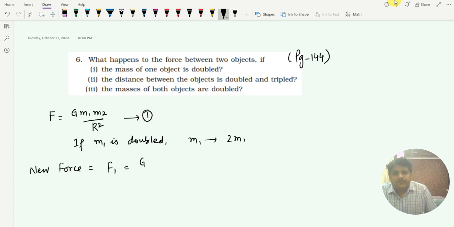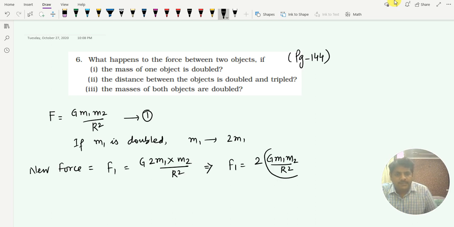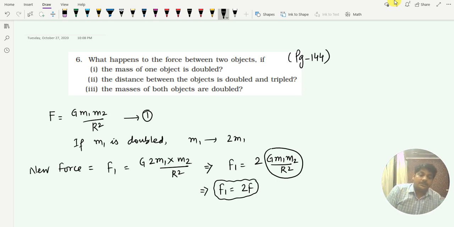G would remain the same, m1 changes into 2m1 into m2 upon r square. So this implies F1 is equal to 2 G m1 m2 by r square. Now what is G m1 m2 by r square? This is nothing but F. So F1 becomes 2F. This is the answer to the first part of this question.